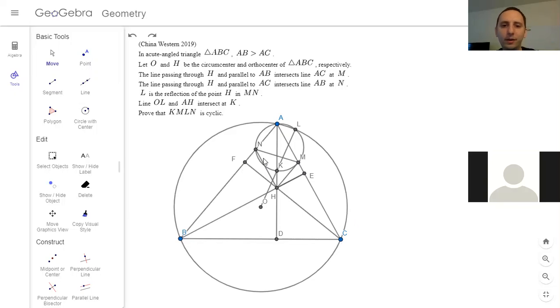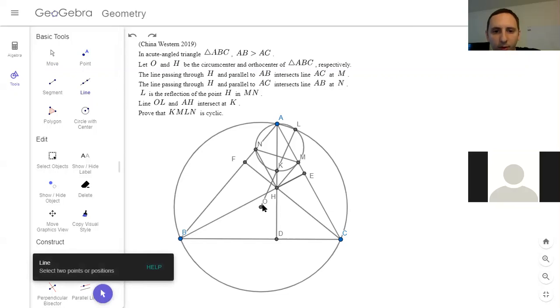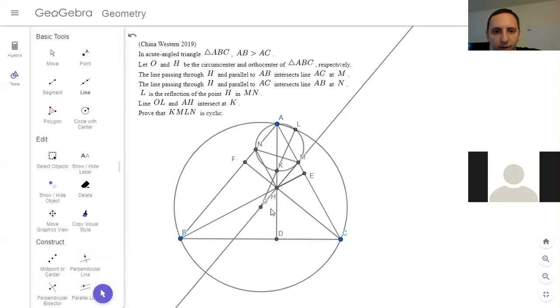Similarity. Oh, because triangles NHB and MHC are similar. I think that OM is tangent to the circle. I think it is. And then ON would also be. Yeah.